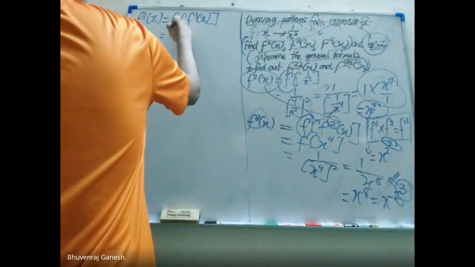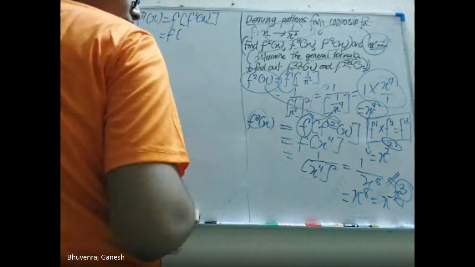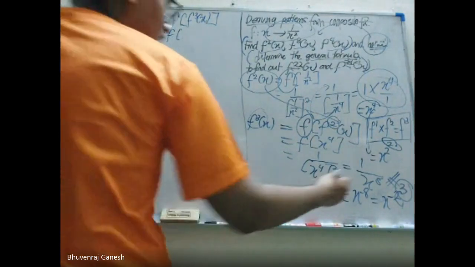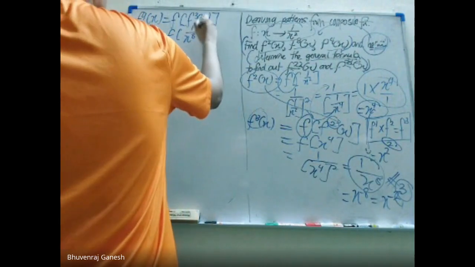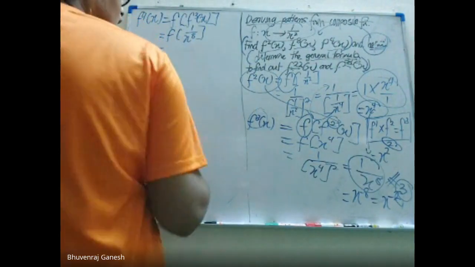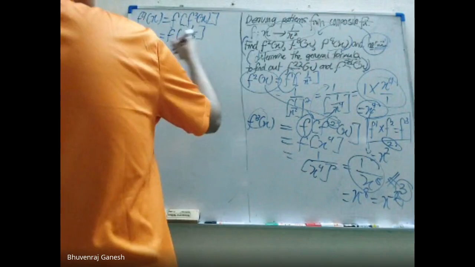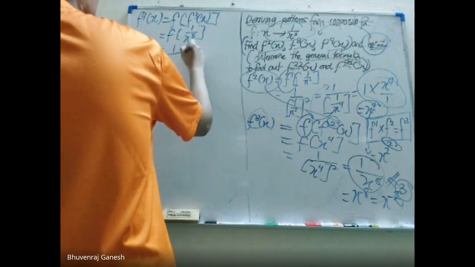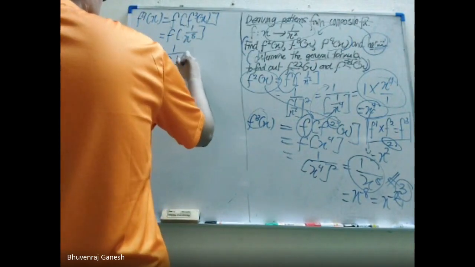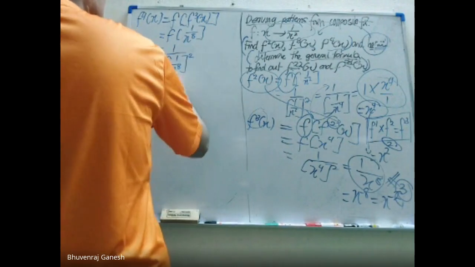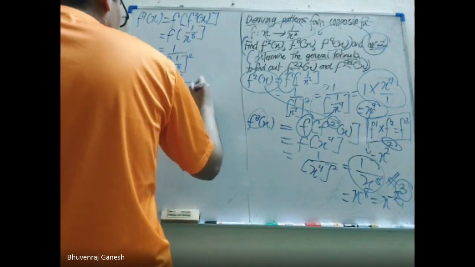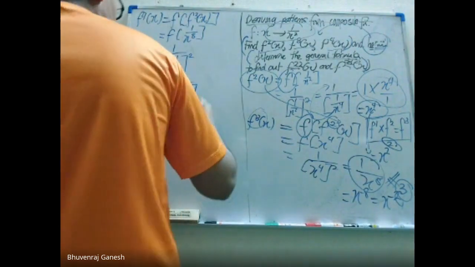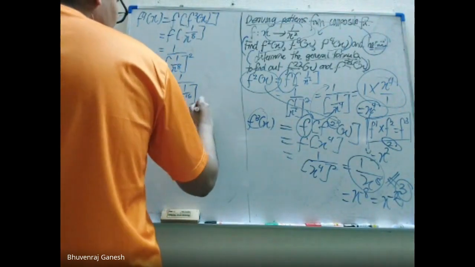So f cube x is, I will use this much easier, 1 over x power 8. Same thing again. You will substitute x as 1 over x power 8 inside here, and then you square the whole thing. So you will get x power 16 down here. So you will in turn get x power 16.